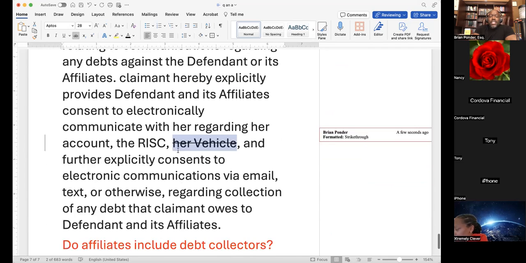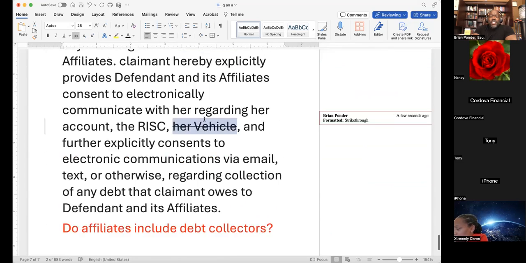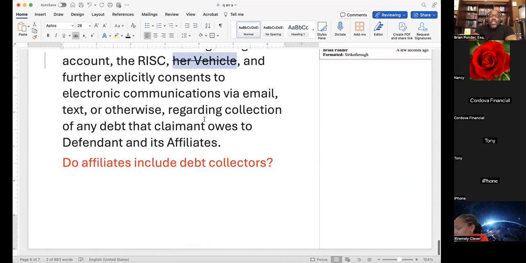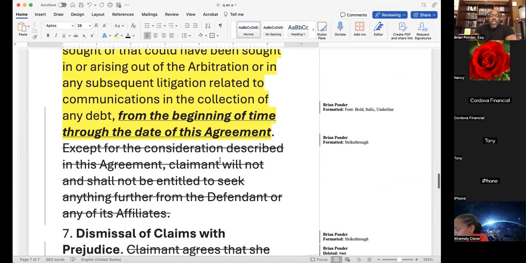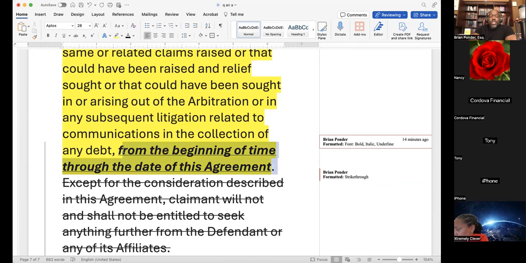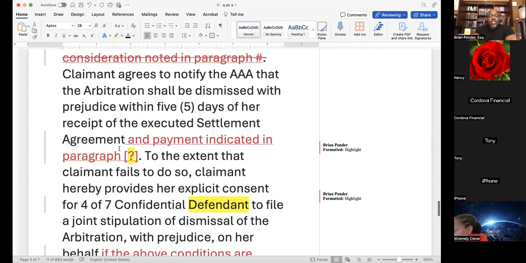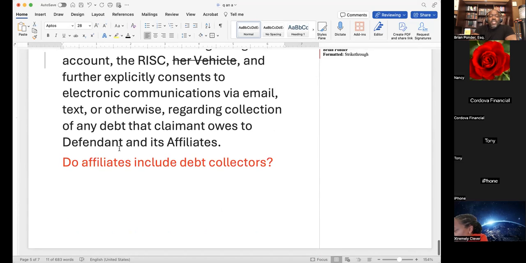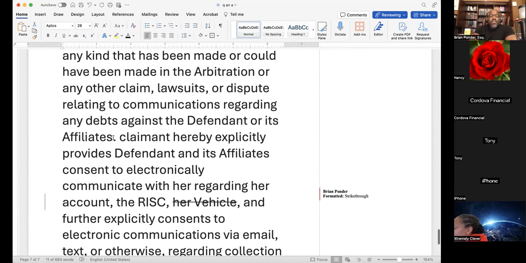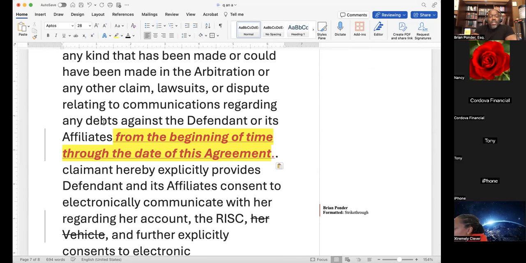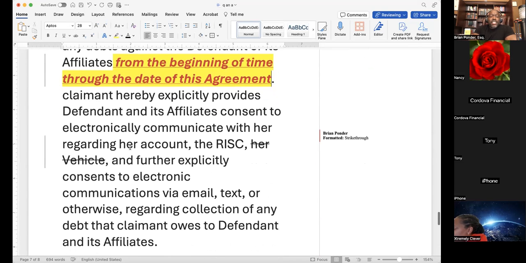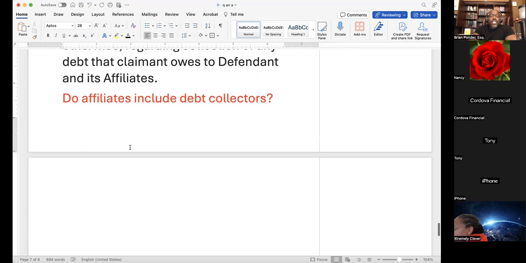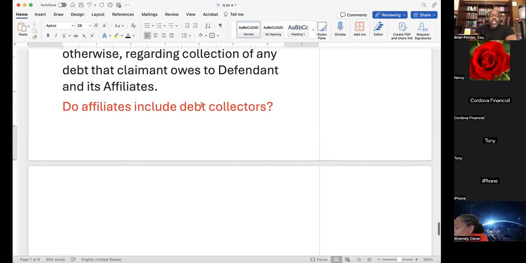So if it's not about Genesis today, then you've got to be careful when you start talking about future claims, because there's no window of time. So you may have to pull just chapter 1 language there. You see what I'm saying? Because otherwise it changes things drastically. The affiliates include debt collectors.